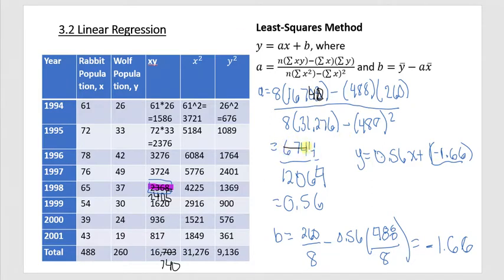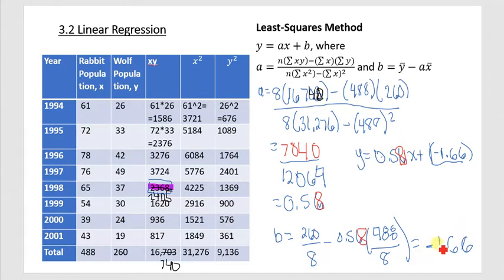So this changes to 7040. Okay, so that changes to 7040. And then when we actually divide, we do get 0.58. And then there's, of course, rounding as well with that. So 0.58. That's the only thing that we really have to change here. So let's just do 260 divided by 8 minus 0.58 times 488 divided by 8.